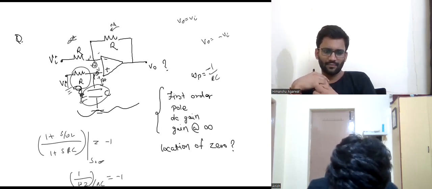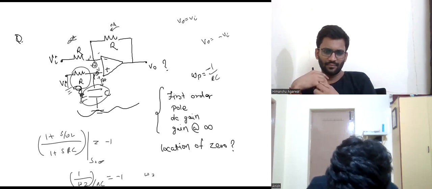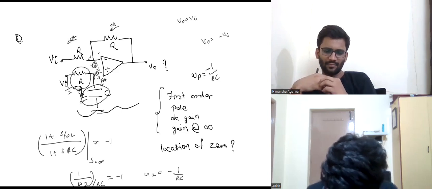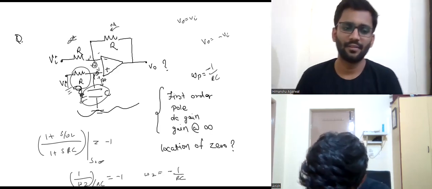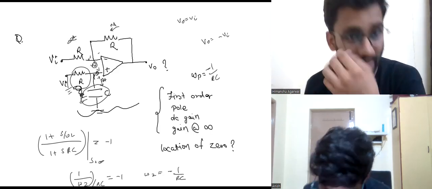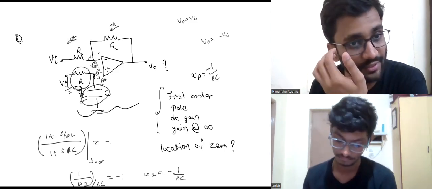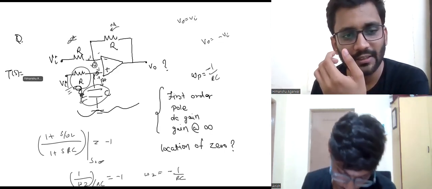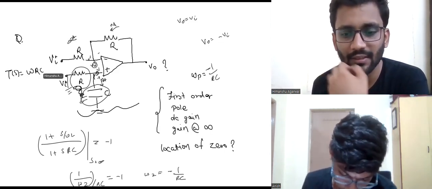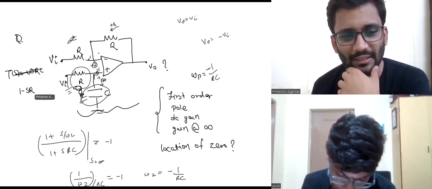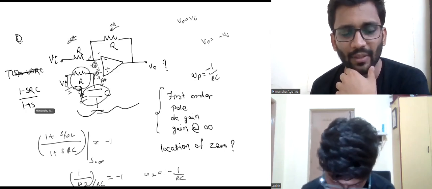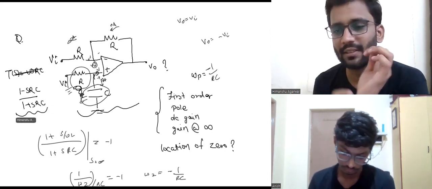So omega z equals minus 1 by RC. I think this should be the zero, right? Great. Now you can write the transfer function. The transfer function would be 1 minus SRC upon 1 plus SRC, right? From here you can tell what kind of filter that is.